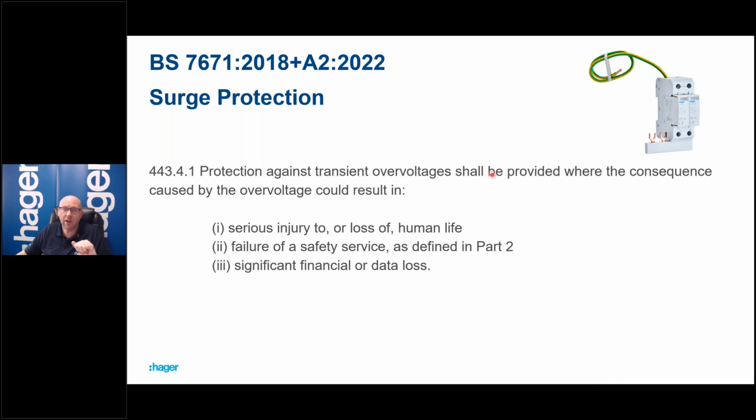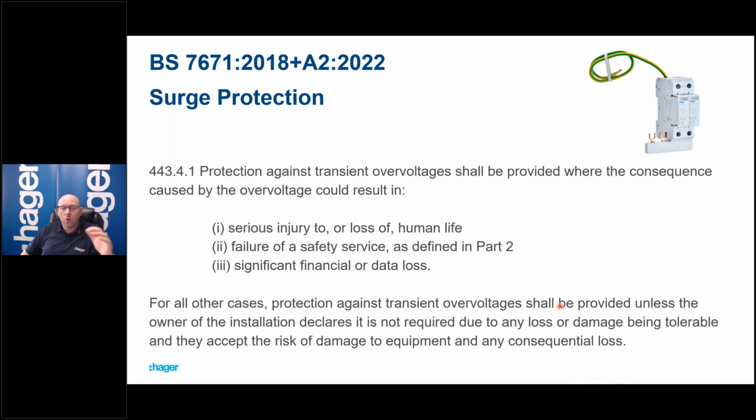It's a shall regulation, which means you have to do it. It also goes on to say that for all other cases, you shall provide it, unless the owner declares it's not required and they're able to accept the consequential losses and the damage as being tolerable.